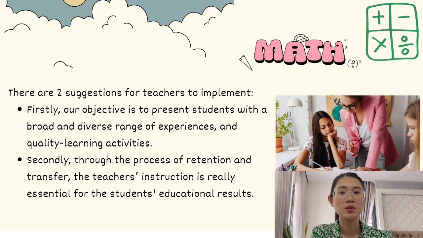There are two suggestions for teachers to implement. Firstly, our objective is to present students with a broad and diverse range of experiences and quality learning activities that enhance the number of neural connections in our students' brains, resulting in the establishment of permanent interconnection, such as brain growth. As students practice more and more on something, they will develop familiarity with it.